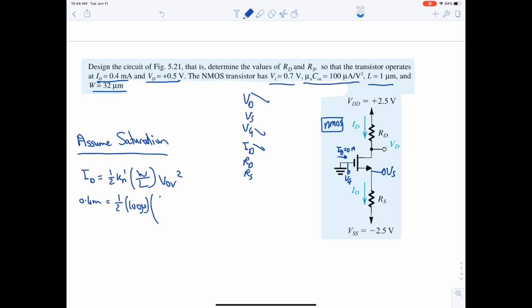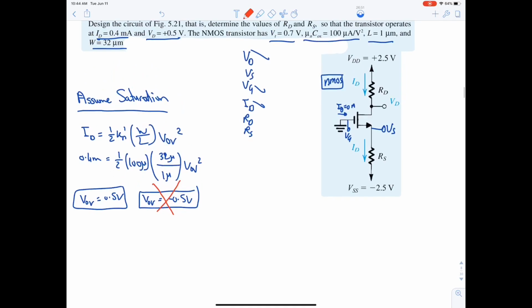W is 32 micro divided by 1 micro. VOV squared. So what is VOV now? VOV equal to 0.5 and minus 0.5. Which number are we going to pick? I'm going to take the positive number, because we are in NMOS. We need to neglect the negative number.